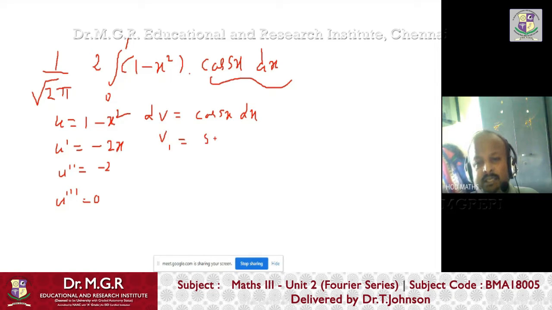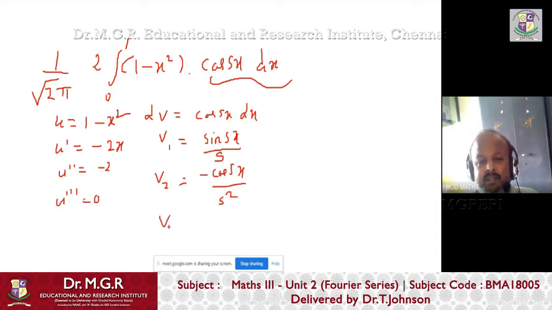This is the integral of cos sx, which is sin sx divided by s, since you are integrating with respect to x, s is a constant, so you write s in the denominator. Then v2 is the integral of sine, which is minus cos, so minus cos sx divided by s square.